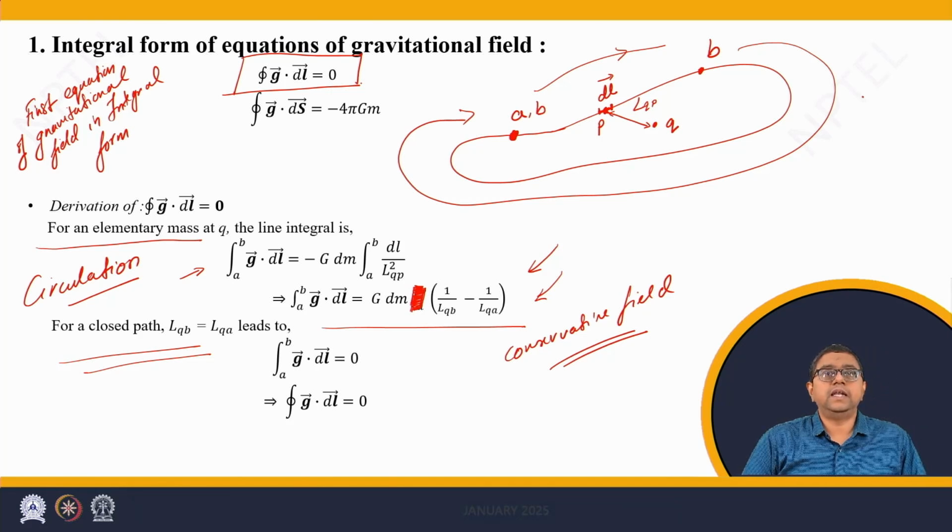Which means LQB will be equal to LQA, and this makes the bracketed term equal to 0. This gives us the proof for the first equation of the gravitational field, which is line integral of g dot dl equals 0. This renders that the gravitational field is circulation free.